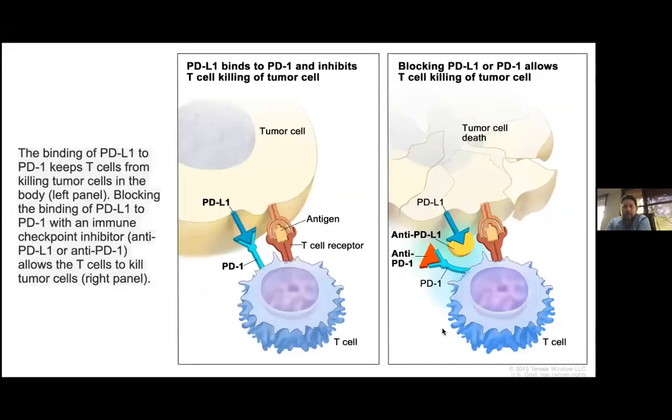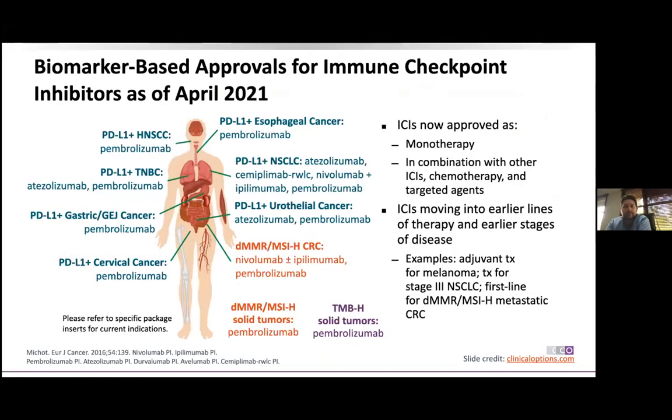Similarly, with your programmed cell death ligand, this now acts more in the peripheral circulation, where you have the circulating T cells. Once they pick up the programmed cell death ligand and antigen, they can assess if the tumor is foreign or part of the body. If this binds, the T cell does not activate. If it's blocked, either with an anti-PD-1 or anti-PD-1 ligand inhibitor, it results in cell death.